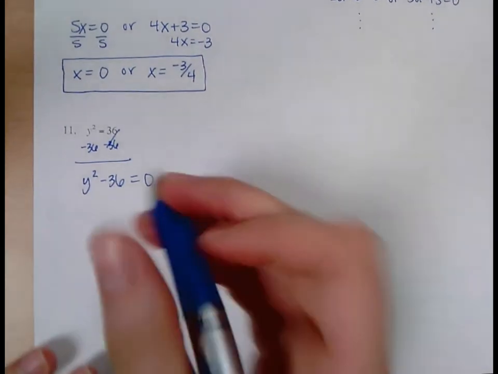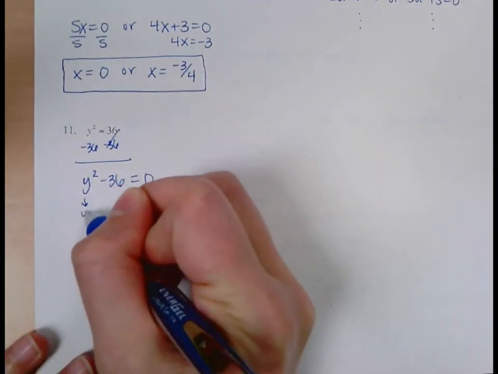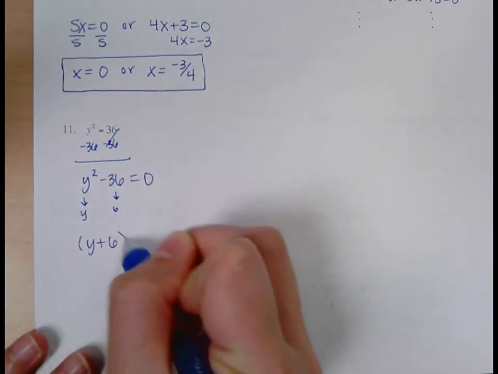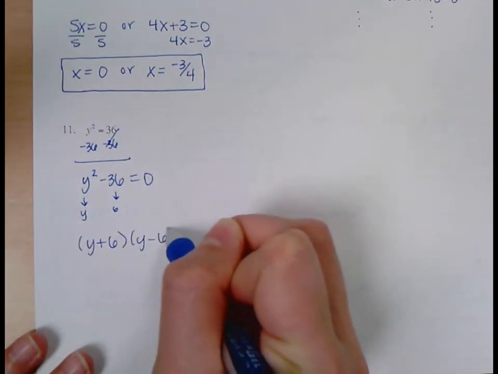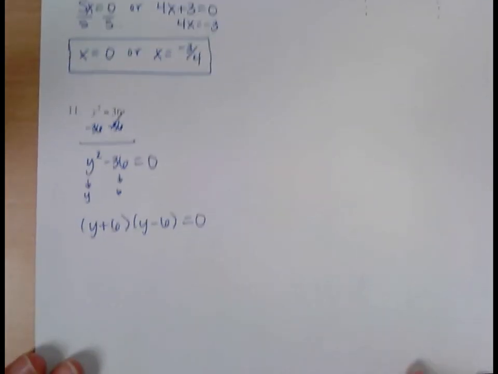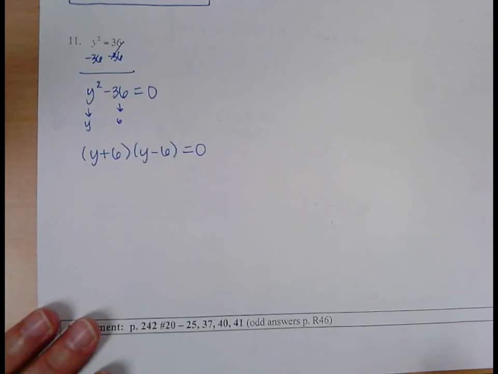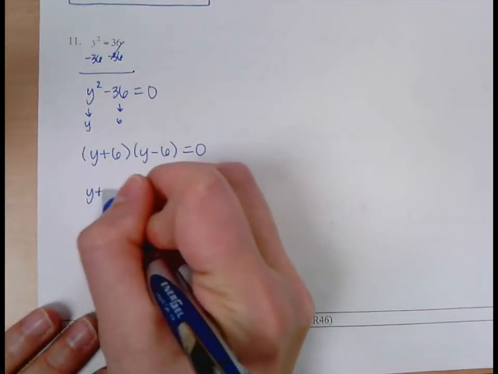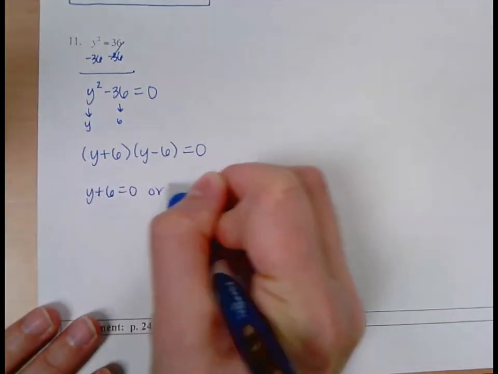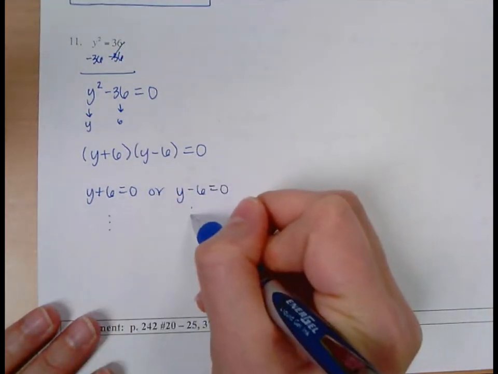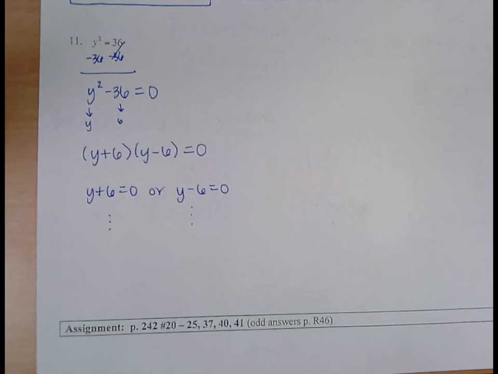Difference of squares. So this square root is y, this square root is 6. So you have y plus 6 times y minus 6 equals 0. And then you can use your zero product property to solve. So y plus 6 would equal 0, or y minus 6 would equal 0. And solve both of those for y to get your 2 solutions.